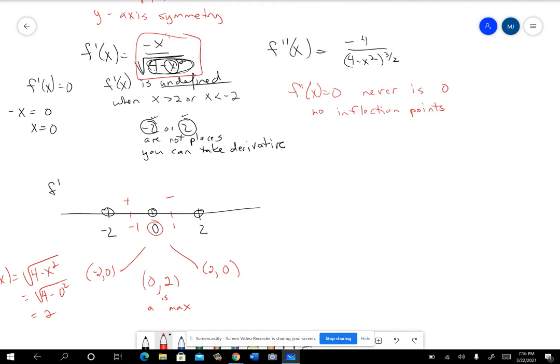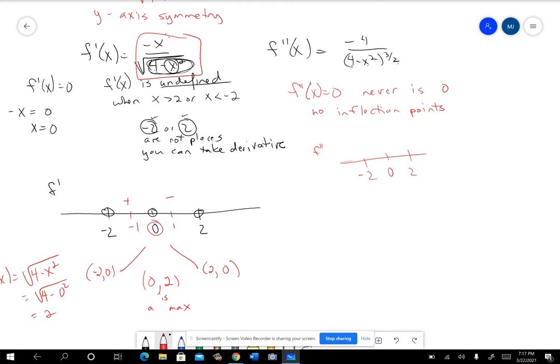All right. And then when you think about what happens when you pick numbers between the -2 and 2, now we're not seeing what causes it to equal 0. We're seeing what happens when I plug a 0 into f double prime. When I plug in a 0 into f double prime, see how that denominator would become 4? I'd do the square root of it, which would be 2, and then I'd cube it.